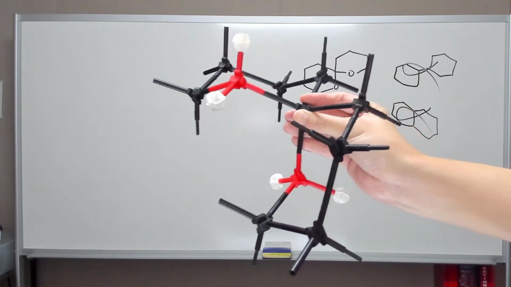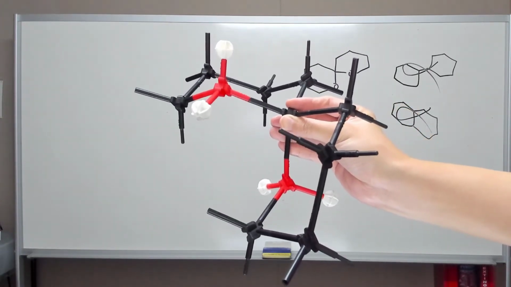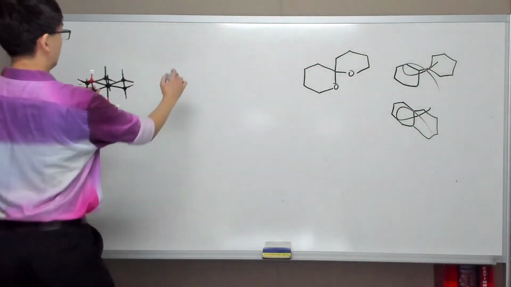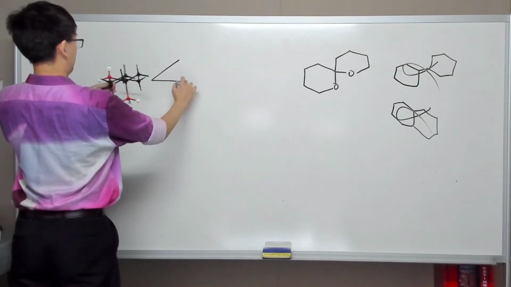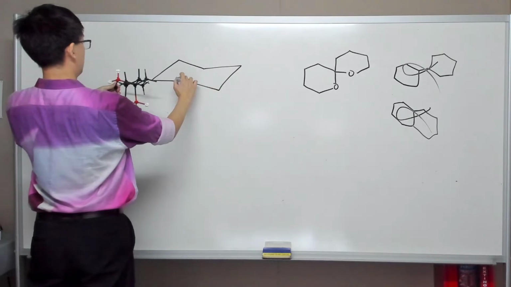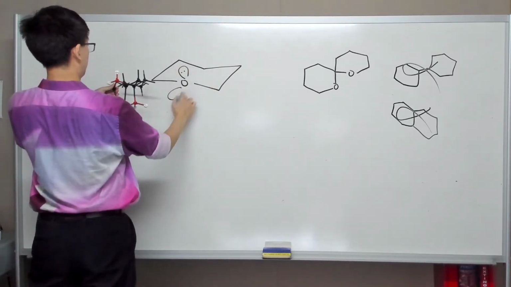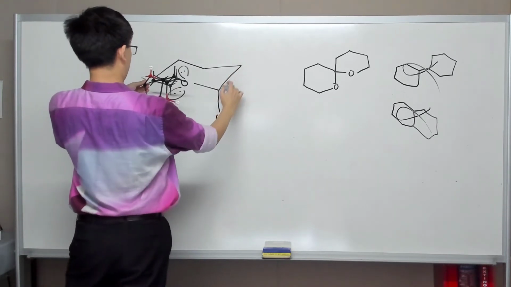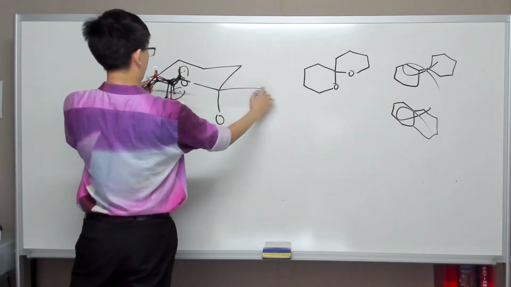We'll try to translate this onto the board. When we translate this onto the board, it will look like this, like this, and then the lone pairs of electrons like this. And then the oxygen is here, and then we're going to have this.